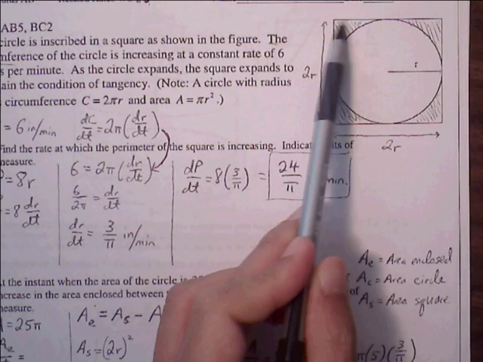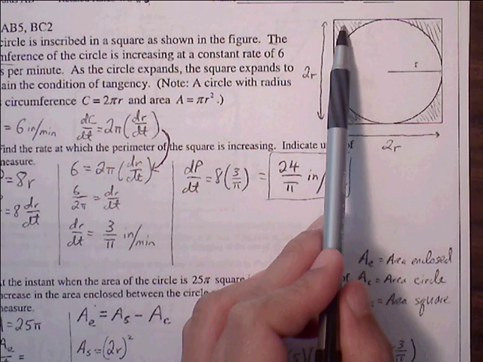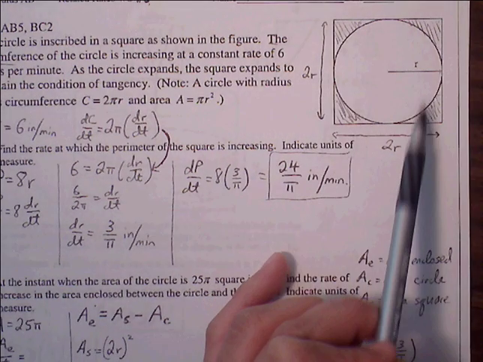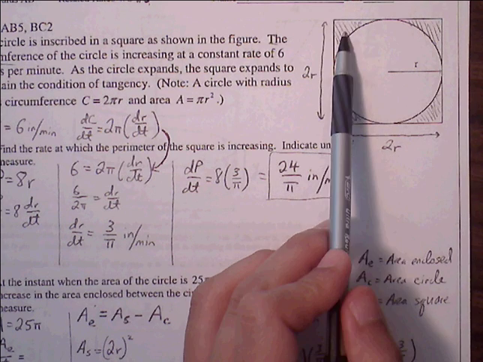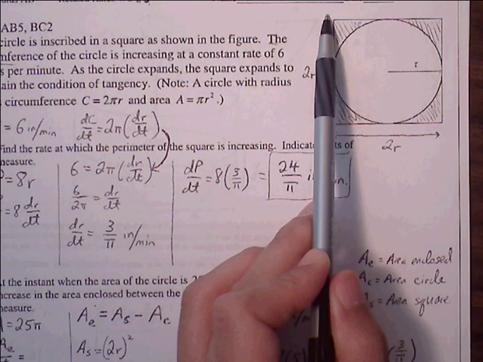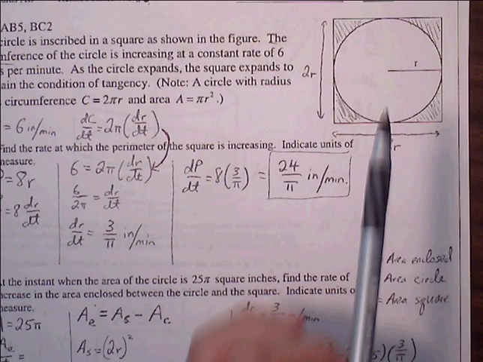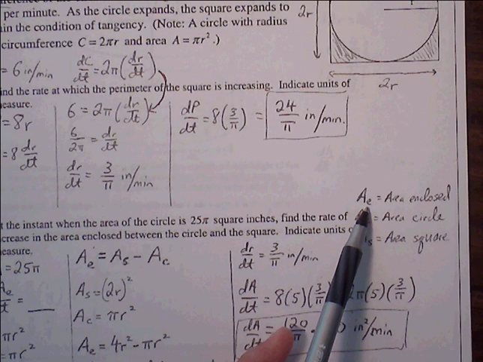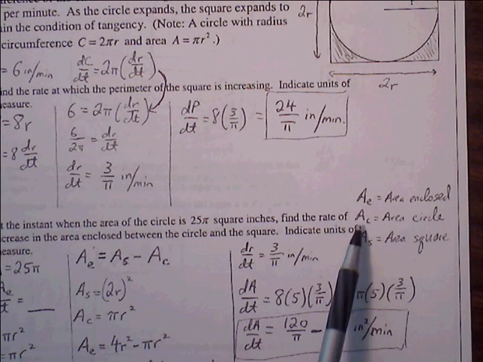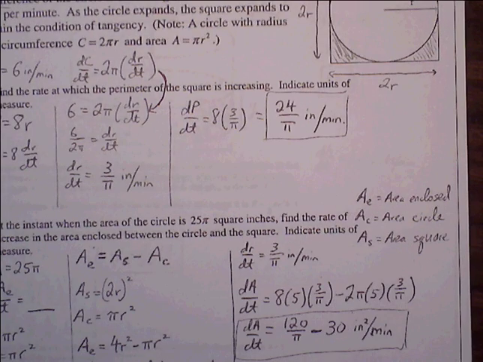All right, we first need to start off creating an equation that allows us to find the area of this shaded region. So if we think about this, the area of the shaded region we can find by subtracting the circle from the square, right? So I have an equation here. I have A, area of the enclosed is what we're looking for, area of the circle, so A sub c, and then area of the square.